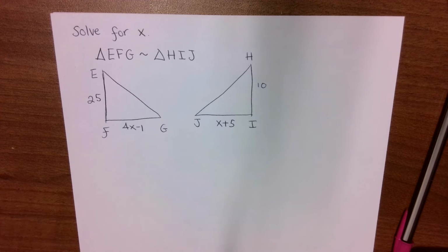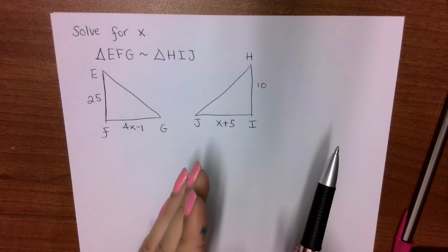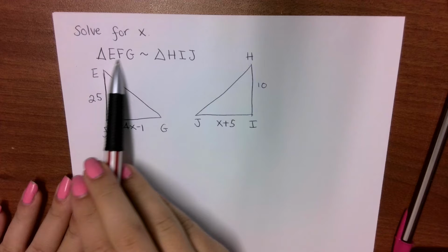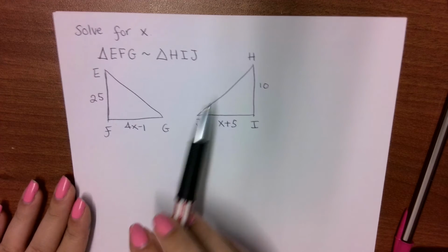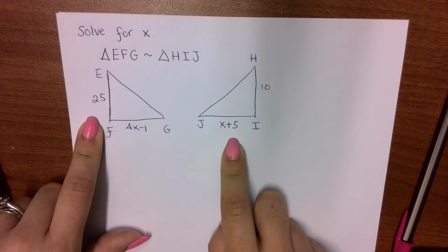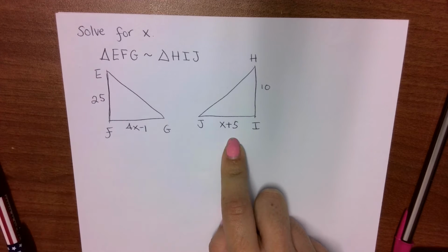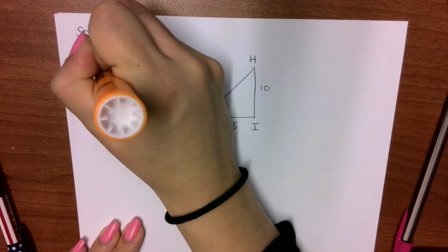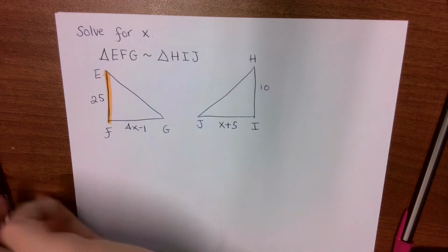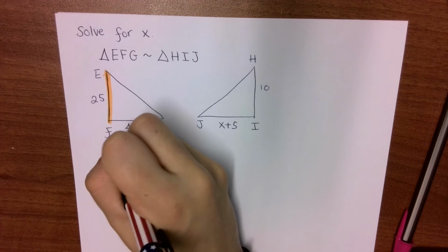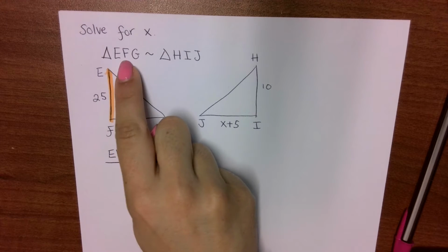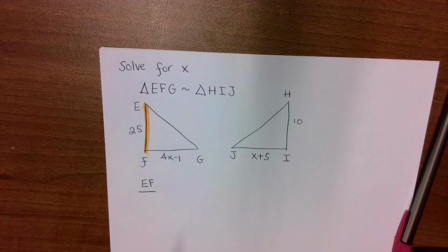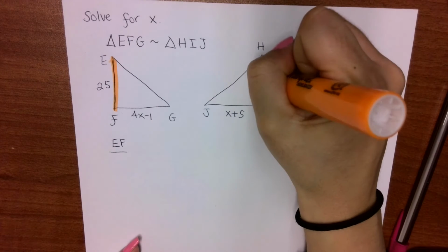So we have to do one triangle compared to the other triangle. I'm always going to have EFG first, and then I'm going to do this triangle. So if I look at the given sides, I have EF on this triangle. EF in the first triangle corresponds to HI in the other triangle, right here.